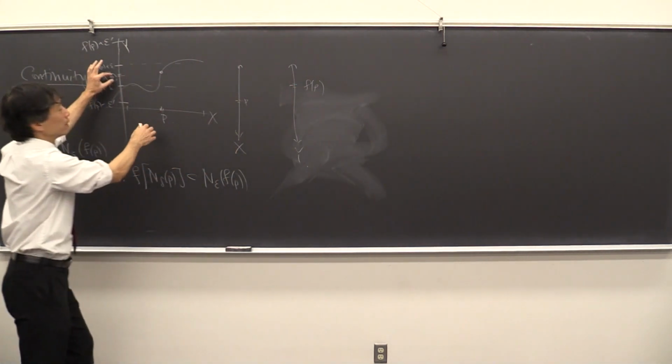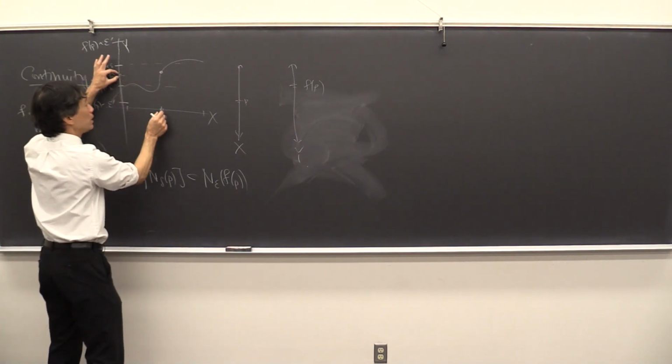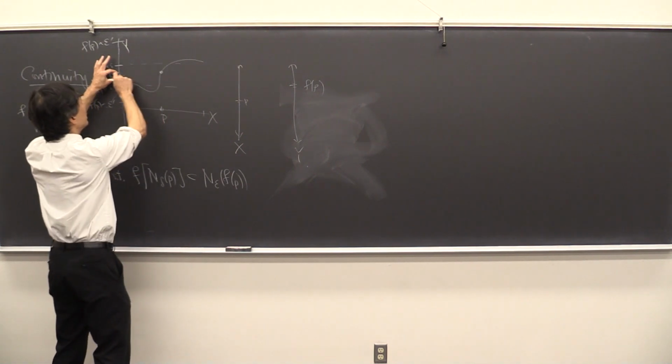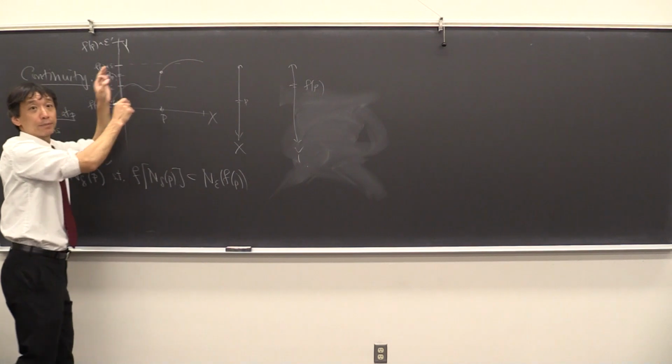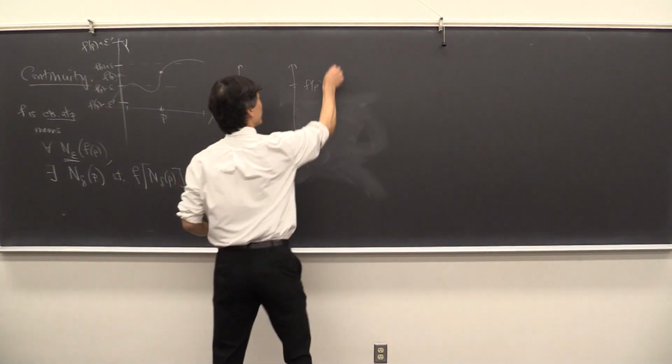That's exactly the same thing as this picture on the graph. No matter what neighborhood of f of p I choose, there's a neighborhood of p whose values get mapped inside there. I hope that makes things a little clearer if it wasn't clear before. So that's what we're talking about.